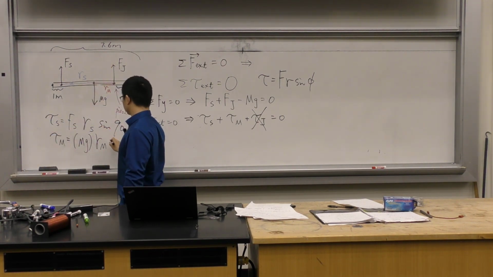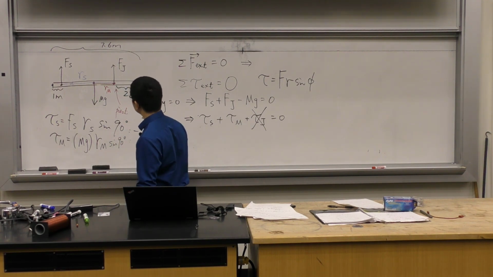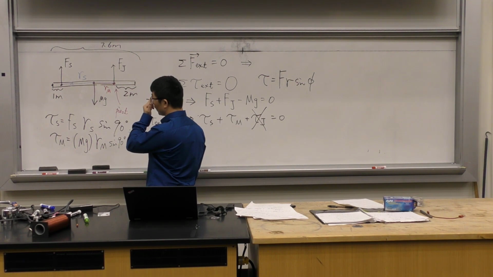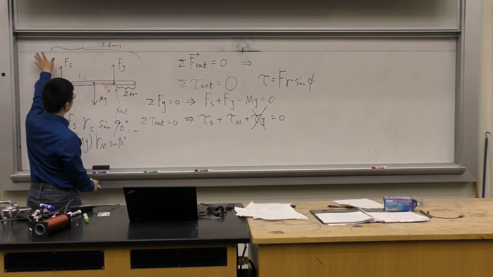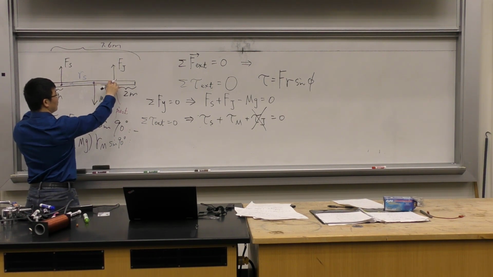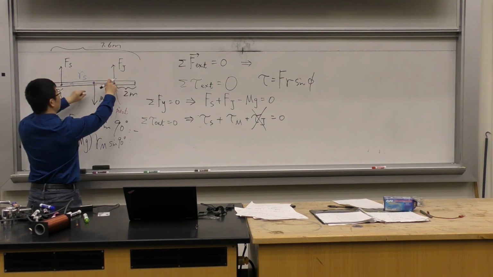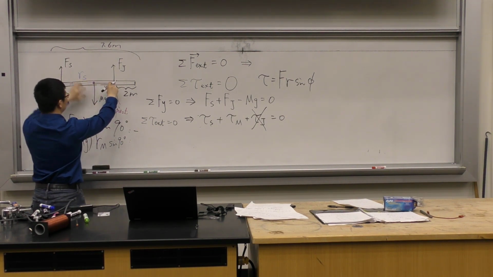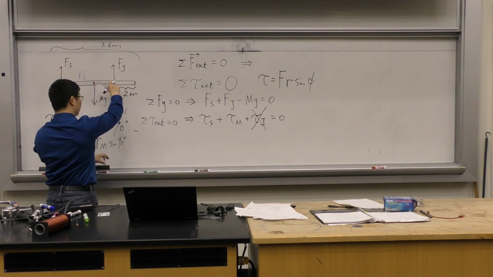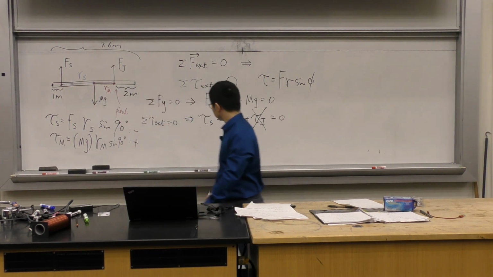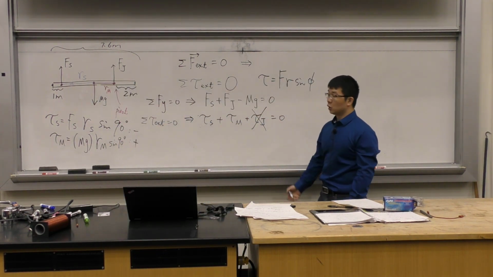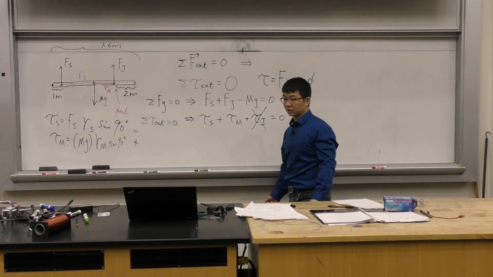Arm, force, sine 90. Is this force going to rotate this beam clockwise or counterclockwise? Forget about that one. This is a pivot. Imagine this beam is fixed here. If you apply a force down, it's going to rotate this whole thing clockwise. So this is positive. Makes sense, right? Because you're going to add these two torques, you get 0. One must be positive, the other one must be negative.